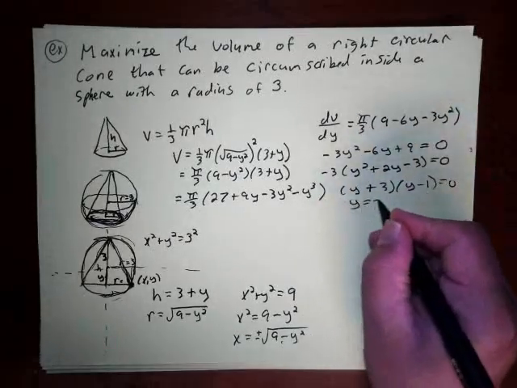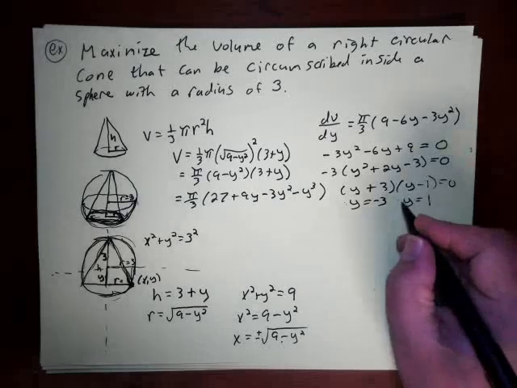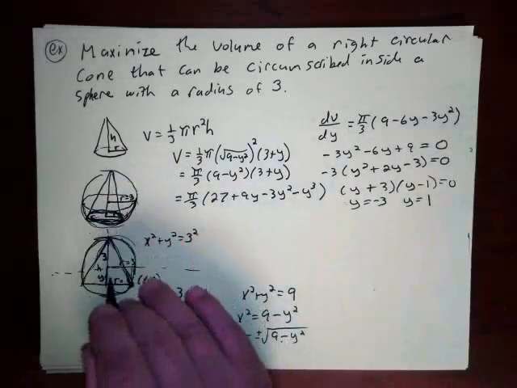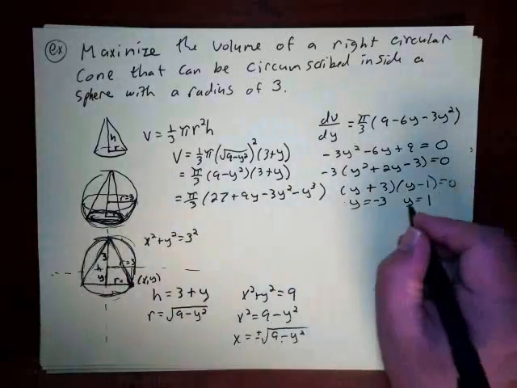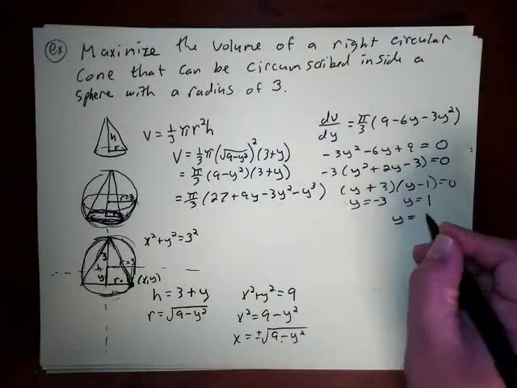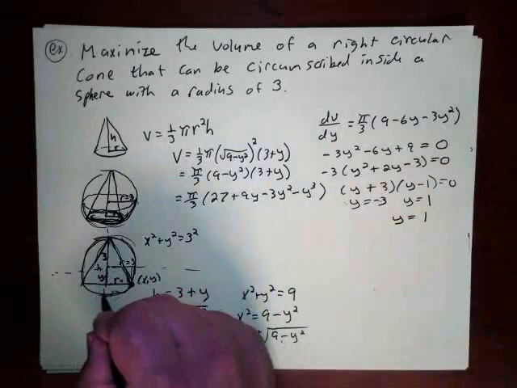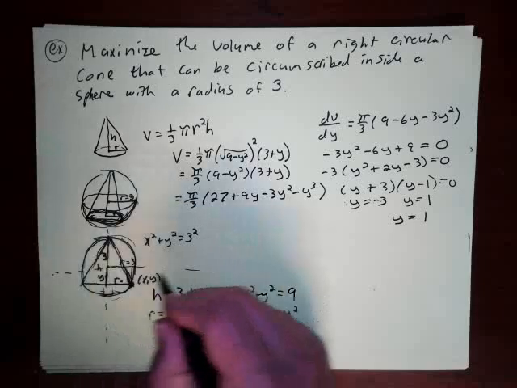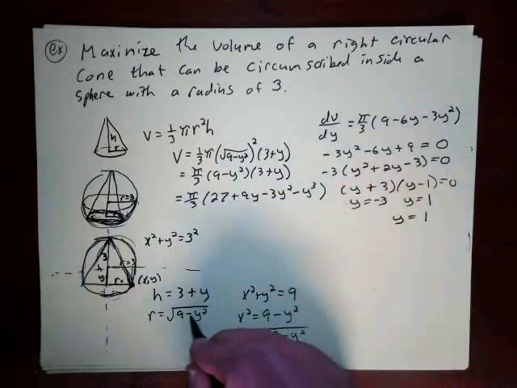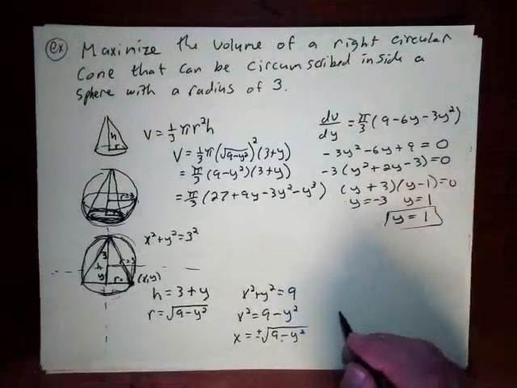So you get y is equal to negative 3, and then y is equal to positive 1. And as far as the constraints here, we're going to say y equals 1 is the only one that's going to make sense here, because this would bring it all the way down to here, in which case you wouldn't have any radius. You would get a 0 here. So we're going to say that this is the only critical point.